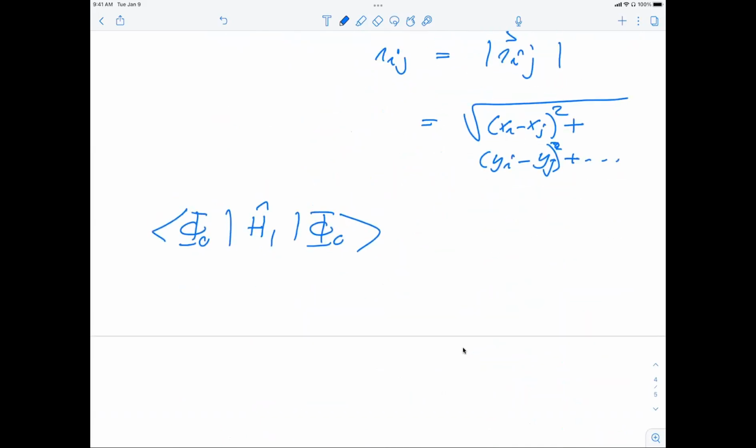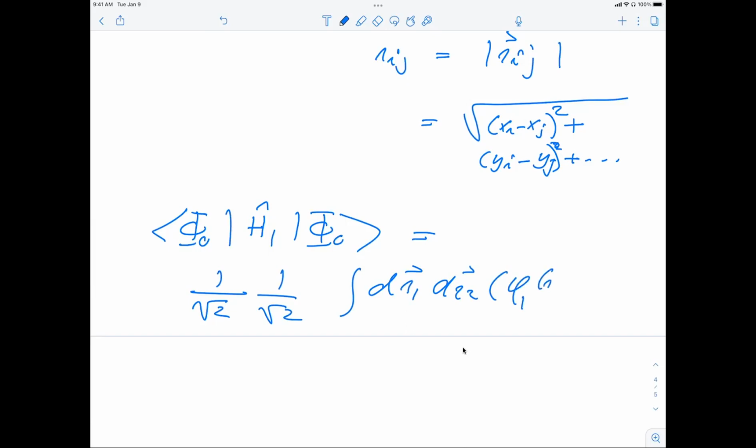Okay, so in this case, we now have again the factor 1 over square root of 2, 1 over square root of 2, and then we have the integrals. And now I'm looking at particle 1 and particle 2 here, and we are taking the complex conjugate part of the wave function. So we have a phi 1 of r1 complex conjugate, phi 2 of r2 complex conjugate, minus, and then I have a phi 1 with an interchange of the columns.